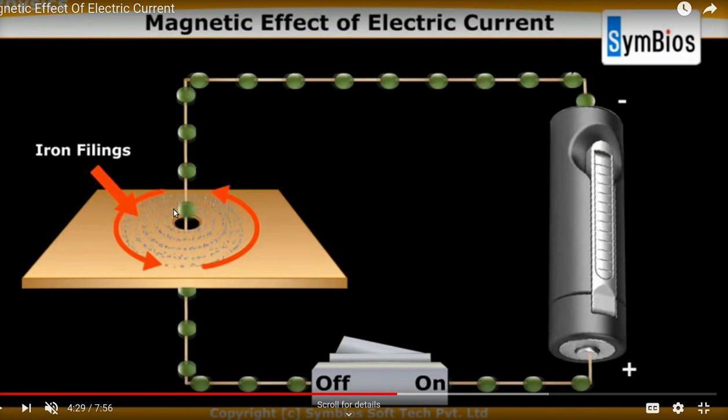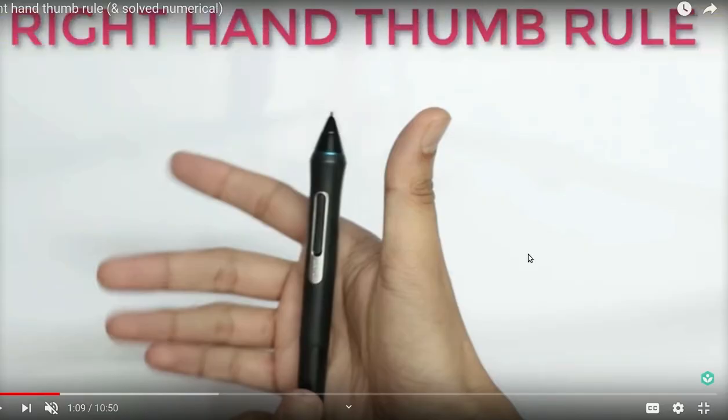So let's see what the right hand thumb rule is. Now we're going to study the right hand thumb rule. This rule will help us tell how the magnetic field lines will be when current is flowing through a straight conductor. Assume that this pen is a straight conductor, and watch what he's going to do.